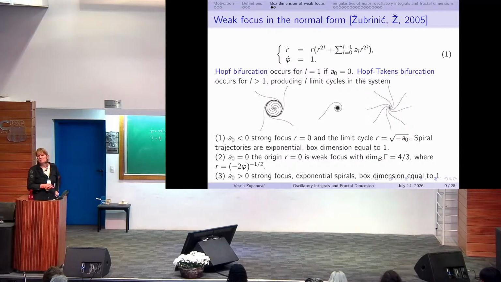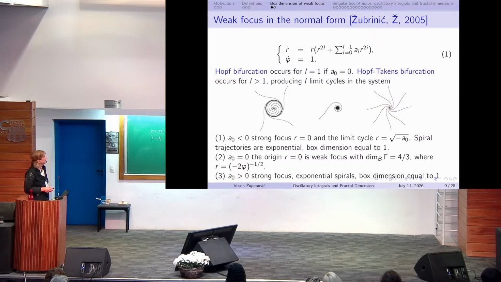R is equal to e to the 2 minus something or plus something, it depends. Okay, this is strong focus, but this is rectifiable curve. If you compute length of this, you will obtain some number. Okay, this is hyperbolic, we are here. We start from here, from right to left.